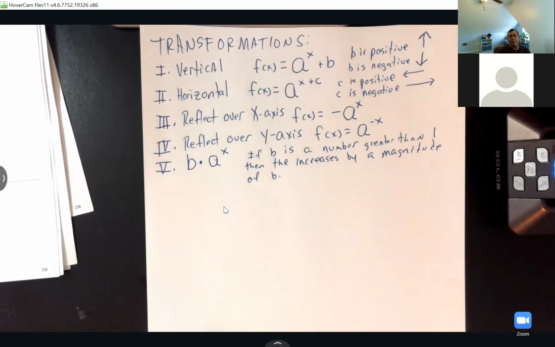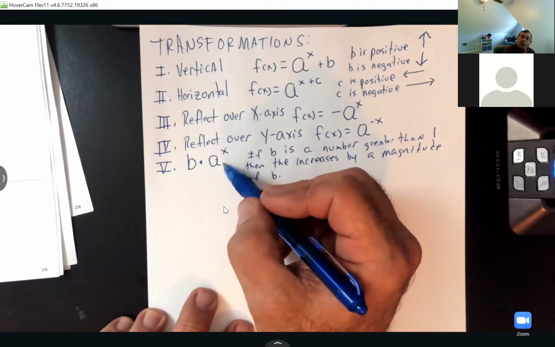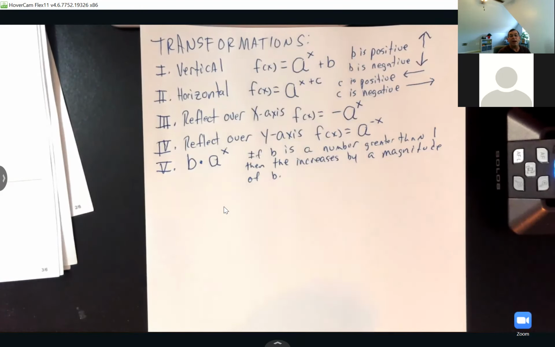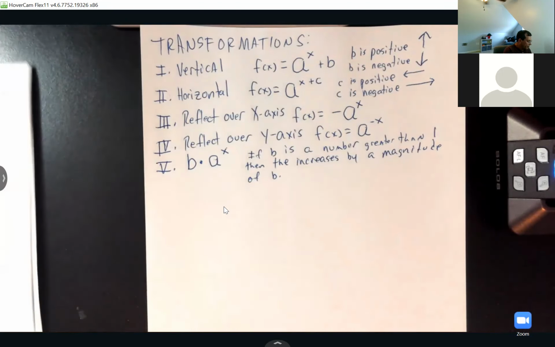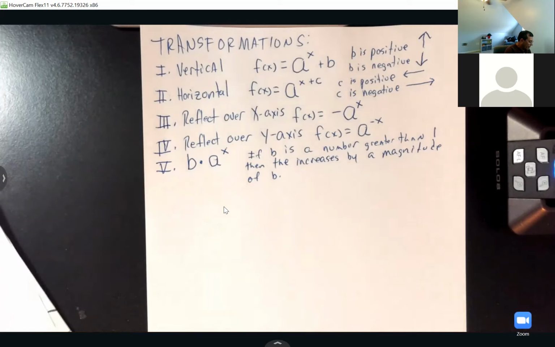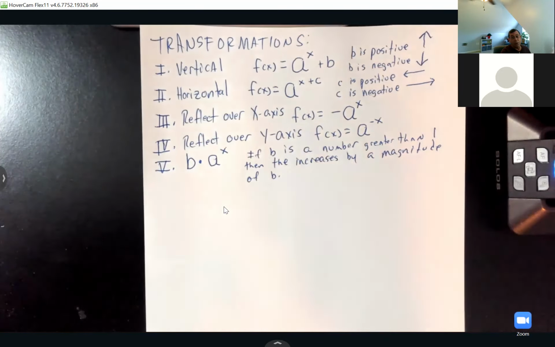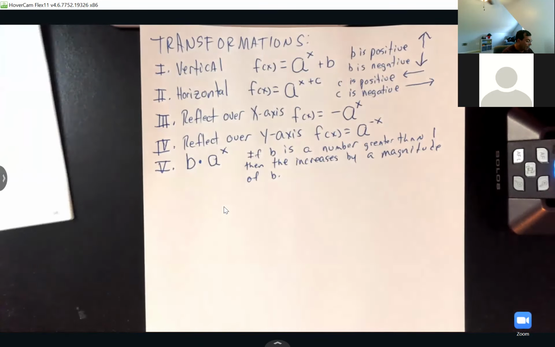So say b was 5. You would evaluate your function, and then whatever answer you get, you're multiplying by 5, which is going to make that graph 5 times bigger than it should be, okay? They're not going to kill you on that, but I did see it on our homework, so I wanted y'all to know what was happening with that, okay?